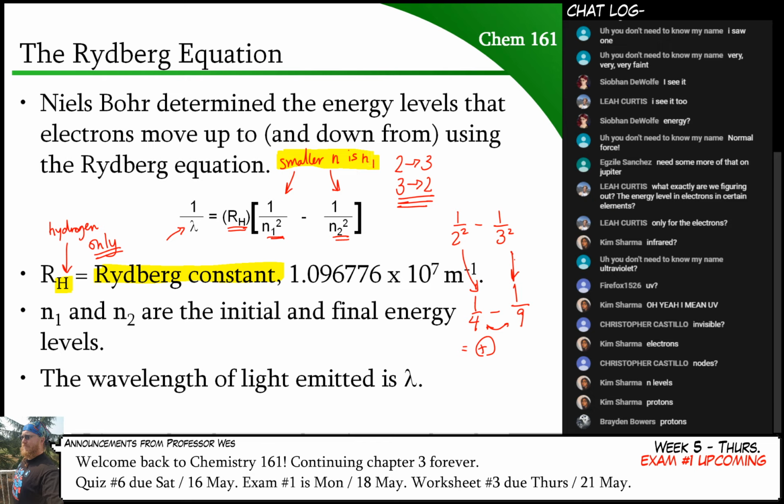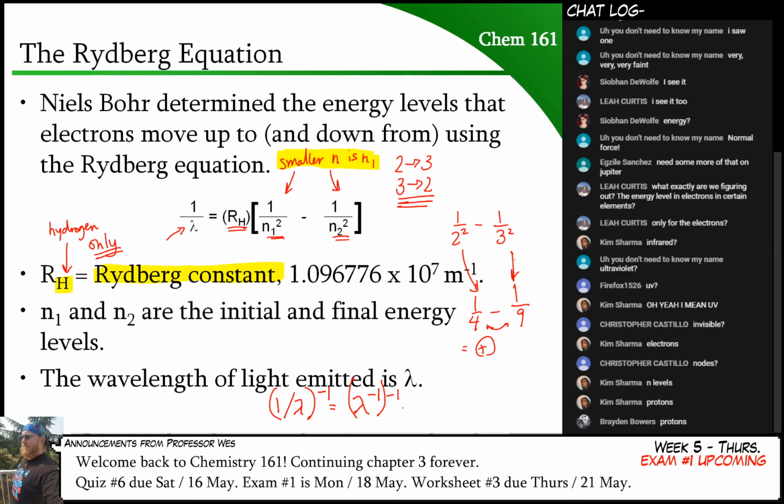Then what you need to do is push your inverse key on your calculator. So remember that when you have something that is 1 divided by it, that is the same as that thing raised to the power of -1. Now let's suppose that I took the inverse of this. That would be like doing this.